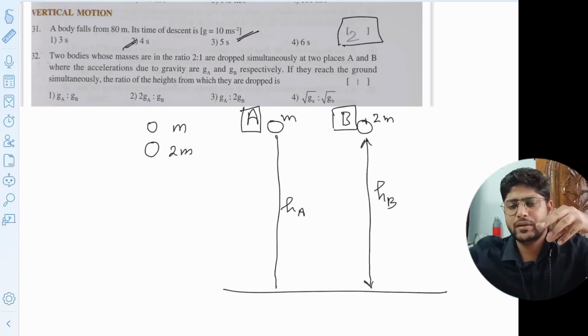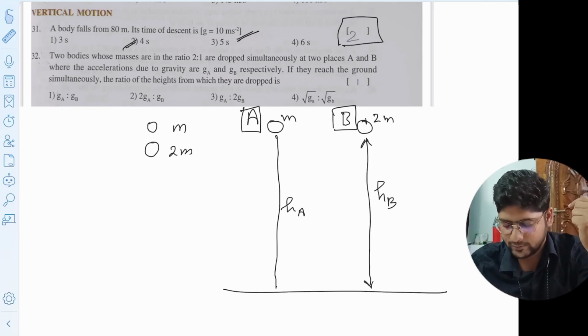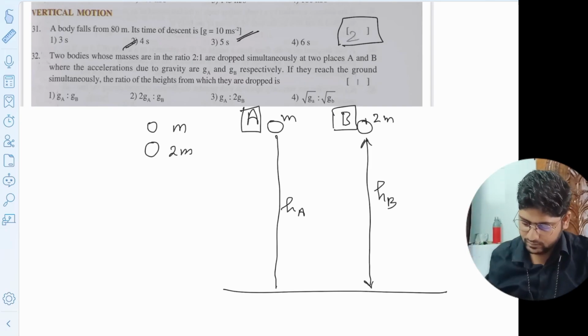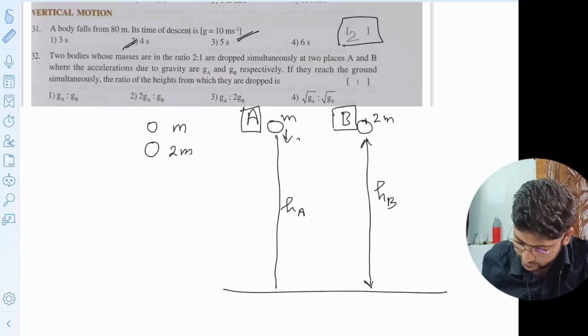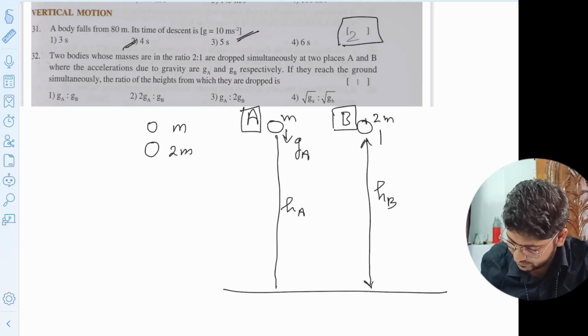We first consider that maybe their heights will be different. Then we will see whether the height comes out the same or different. So when it falls here, the acceleration due to gravity is gA, and here the acceleration due to gravity is gB.